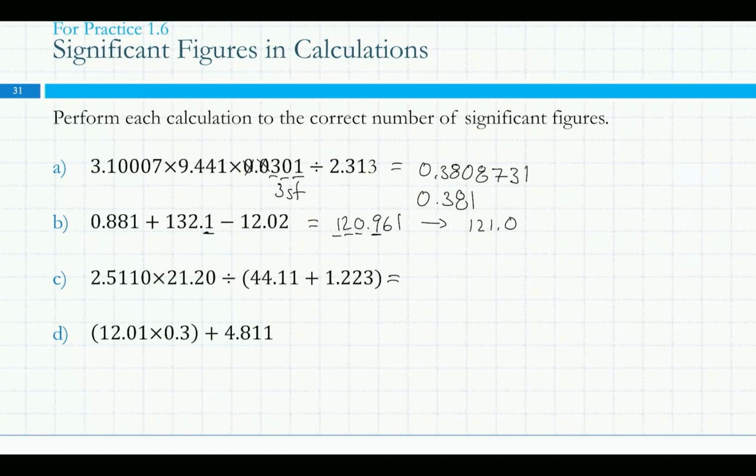Let's see. This one we do need to go stepwise in order of operations. I'm just going to write it all down. So after my first step there, what's the first step? We add those, do the parentheses first. How many decimals do I keep? 2. How many sig figs does that mean I have? 4. That's 4 sig figs.